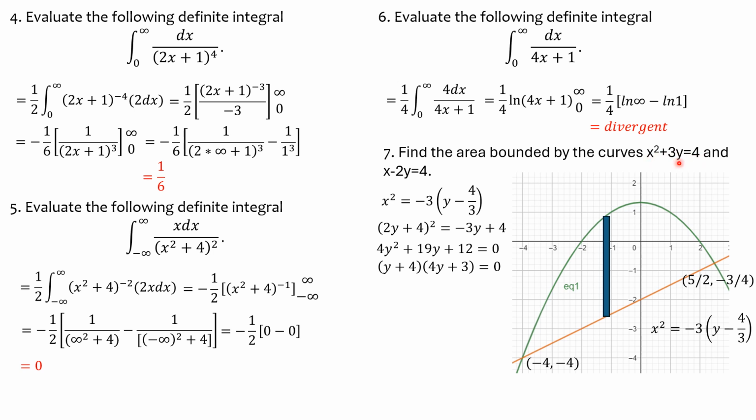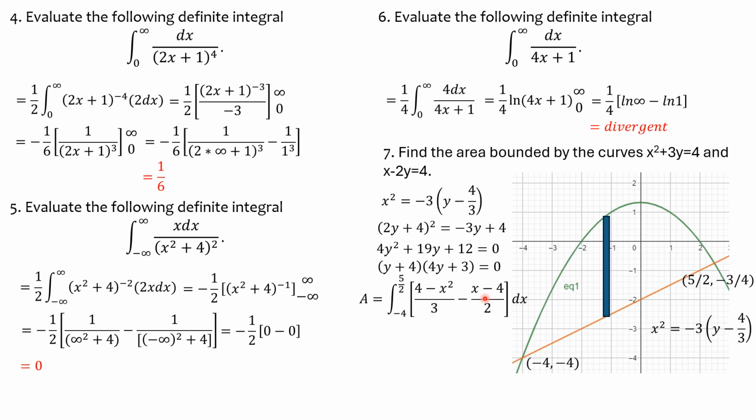While the lower y is the y of the line, which is (x minus 4) over 2. Therefore, the area is the integral from negative 4 to positive 5/2 of the upper y, (4 minus x squared) over 3, minus the lower y, (x minus 4) over 2, dx.